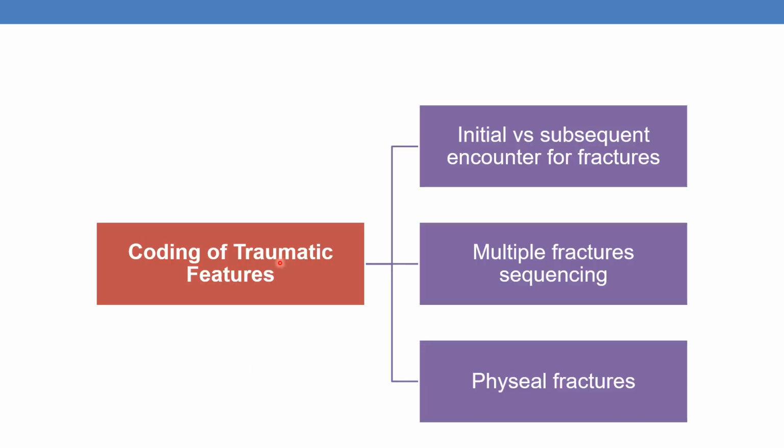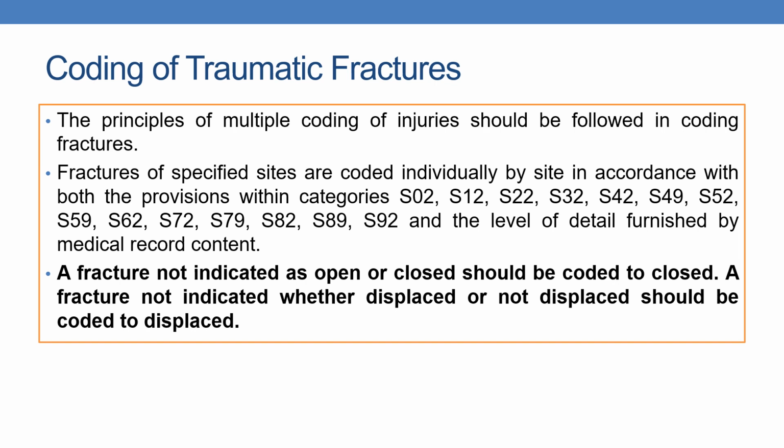Now coming to the coding of traumatic fractures guidelines. The first guideline is regarding when we must use initial versus subsequent encounter for fractures. The next one is multiple fracture sequencing, and finally physeal fractures. The principles for multiple coding of injury should be followed in the coding of fractures.